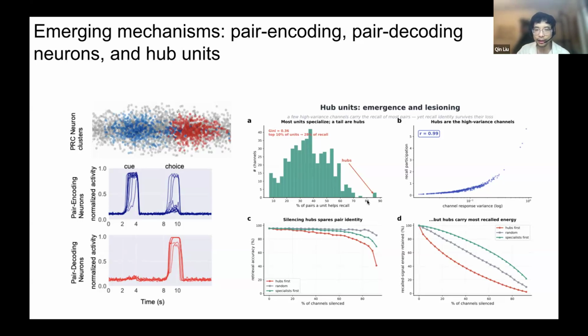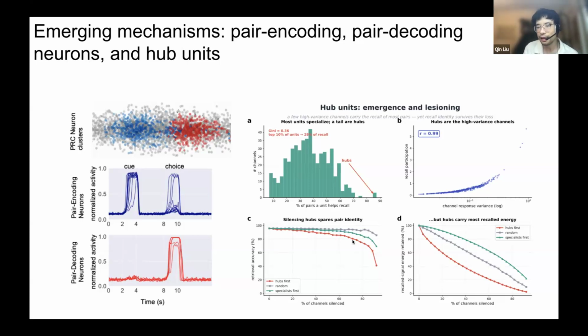But surprisingly, I found that if I cut out these hub units, it barely impairs the performance. In panel C, you can see if I silence all those hubs, the model obviously performs worse than the original, but the accuracy rate is still amazingly high.